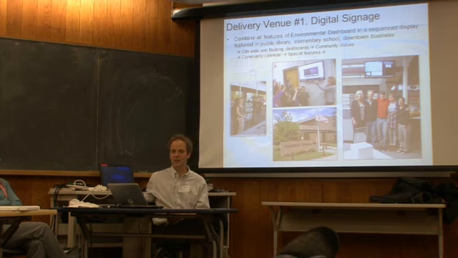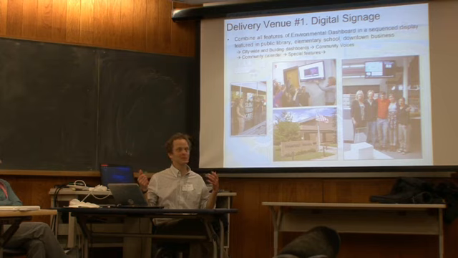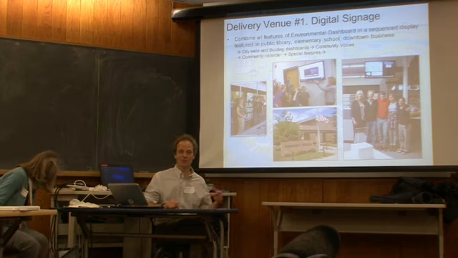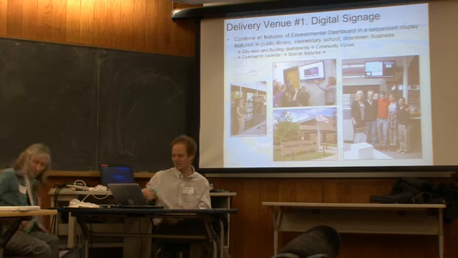Part of this is about creating multiple reasons for people to look at the screen. Maybe the Building Dashboard component is not the most exciting thing to you. Maybe it is, but you're going to see it in the rotation. Maybe the calendar is the most interesting thing for you. Maybe it isn't, but you're going to see the community calendar.